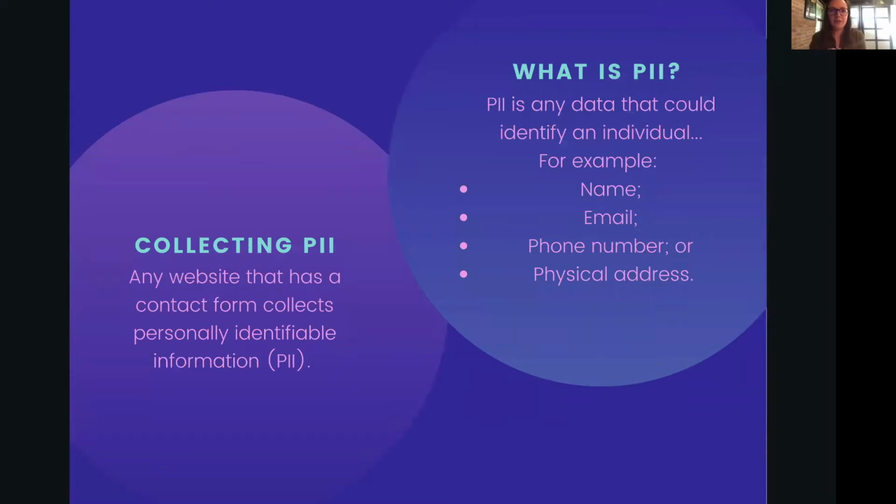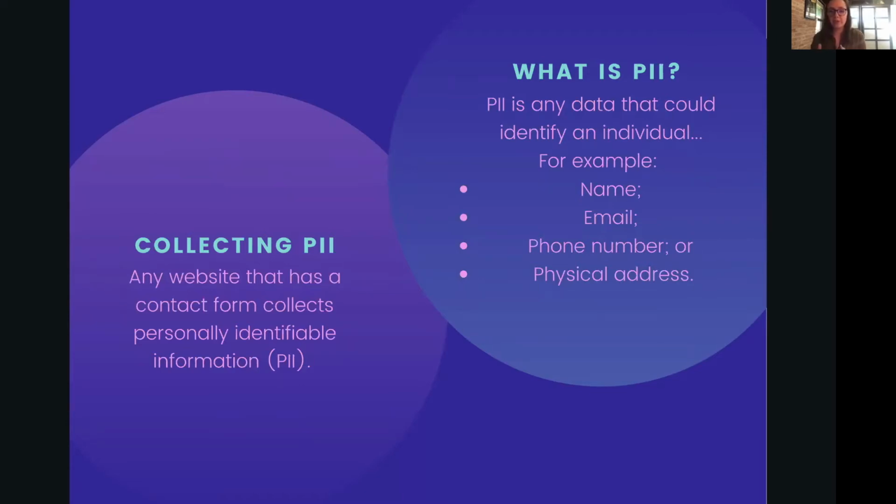We only have one definition here because I tried to keep those at a minimum. What is personally identifiable information? This is one term that you really need to know. Personally identifiable information, or PII, is any data that could potentially identify somebody.